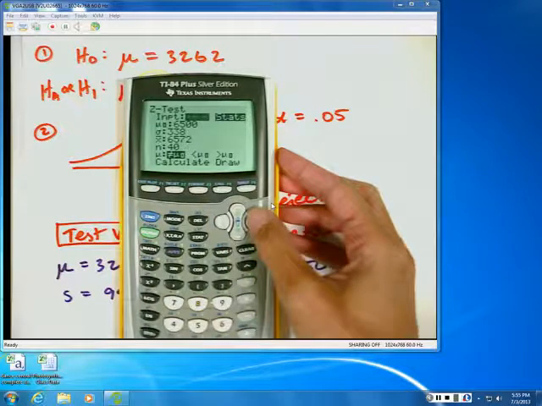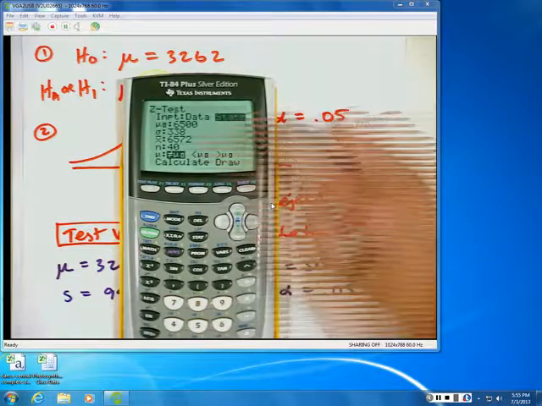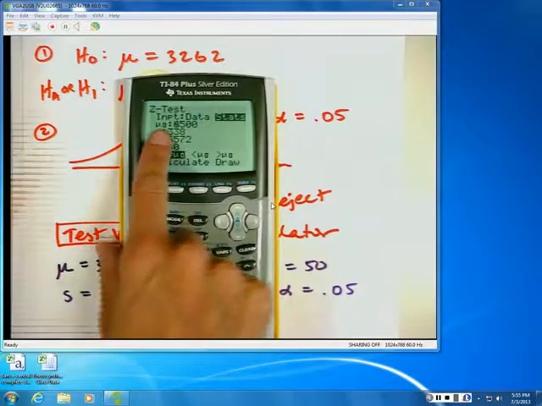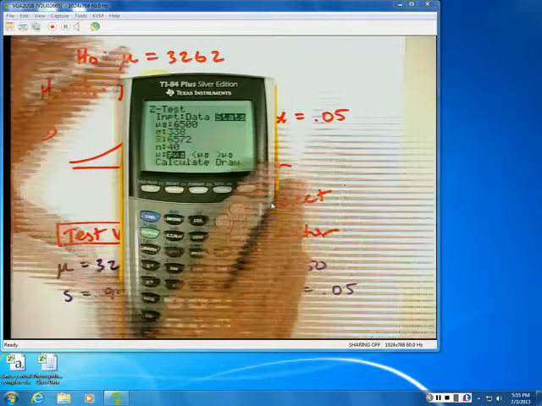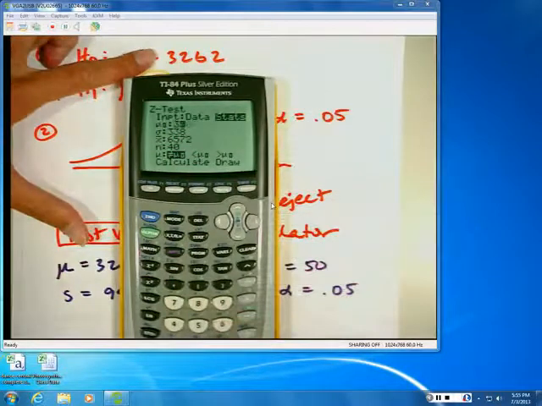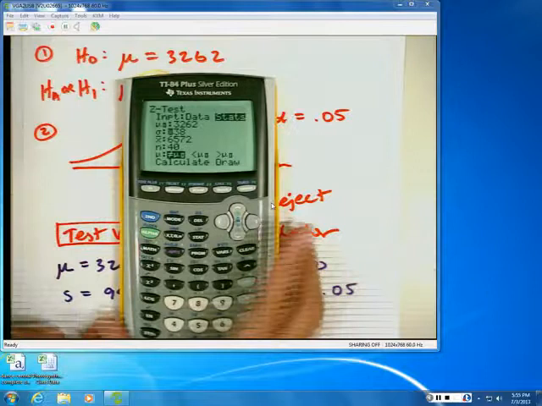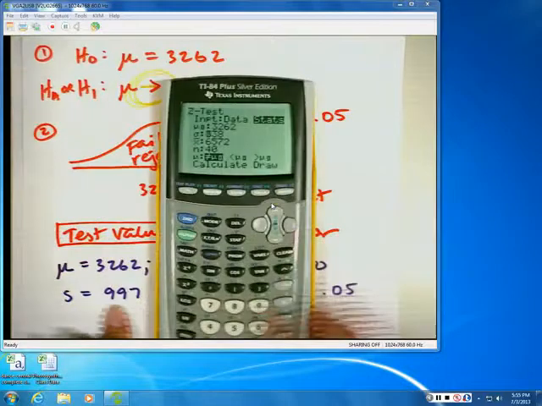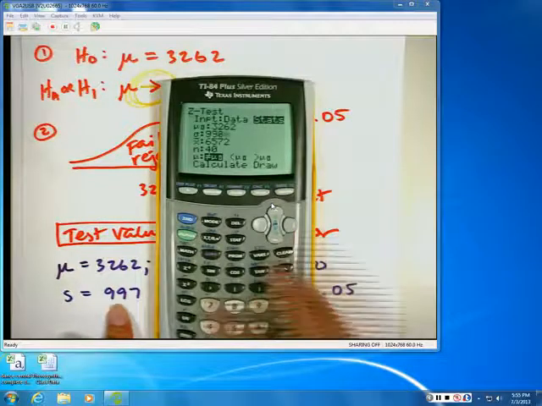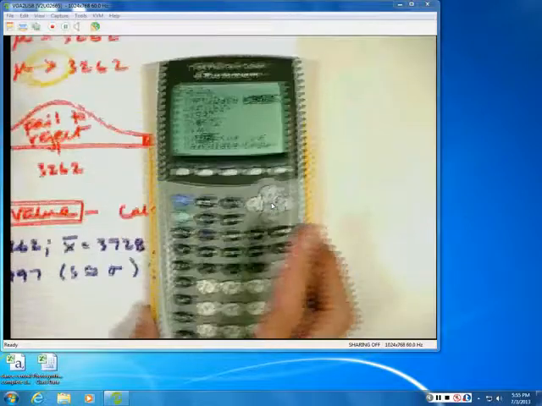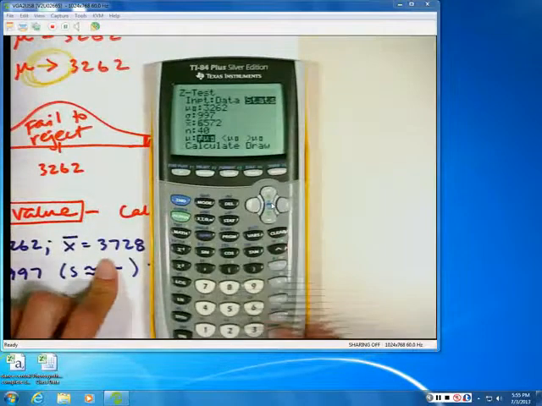I have averages. So I'm going to use stats, and it says, what is your mean from the null hypothesis? The mean, oh, there it is, 32.62. Standard deviation, well, we only have the sample, but we're going to use that to approximate the population, so 9.97. X bar, that's our sample mean, so that is 37.28.